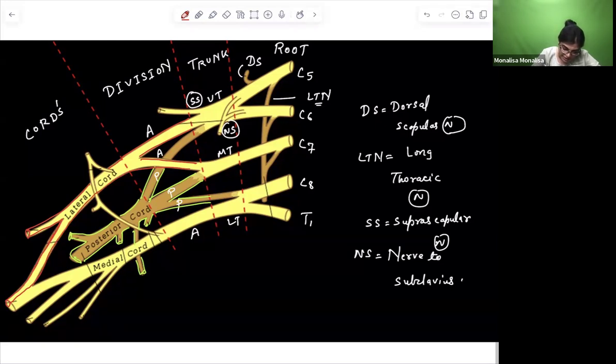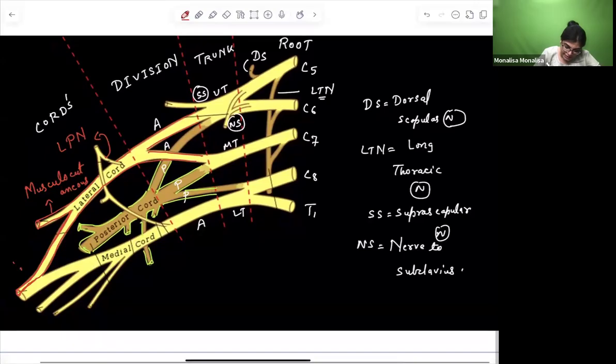And the branches from the lateral cord of brachial plexus are, so we have got the branches: this is the lateral pectoral nerve, LPN. What is this nerve? This is the musculocutaneous nerve. And this is the lateral root of the median nerve.